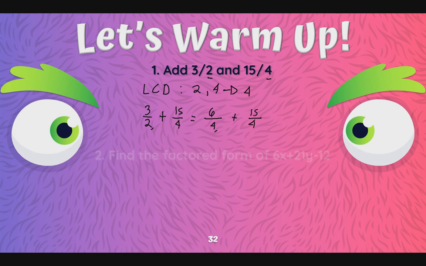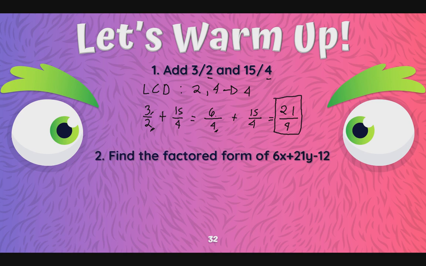So again, this 6 came from 4 divided by 2 times 3. So the final answer, we will just copy the denominator 4 and add the numerator. 6 plus 15 is 21. So the final answer for this one is 21/4.